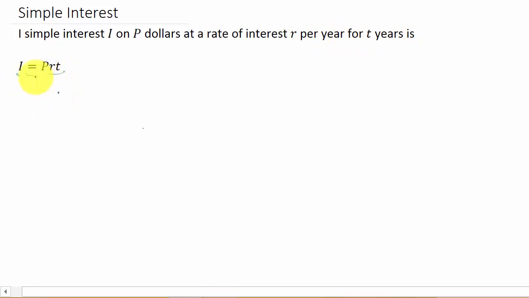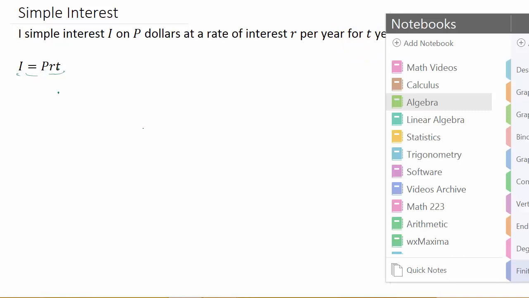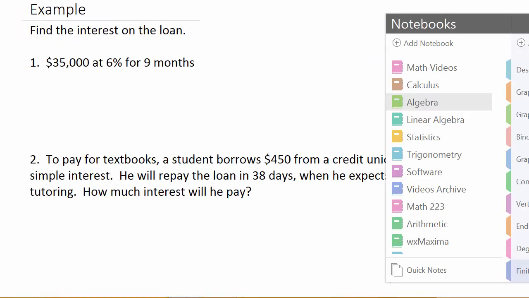So I is the simple interest, P is your principal, that's the amount of money you either borrow or maybe put in a savings account or whatever. R is your interest rate and T is your time. Now it's important here to know that T is the number of years. Okay, so let's go ahead and look at our example.